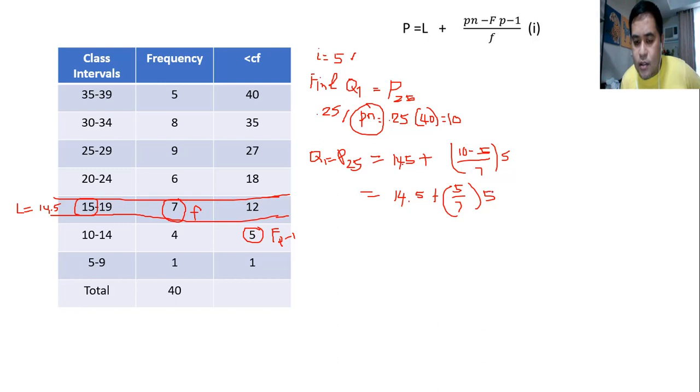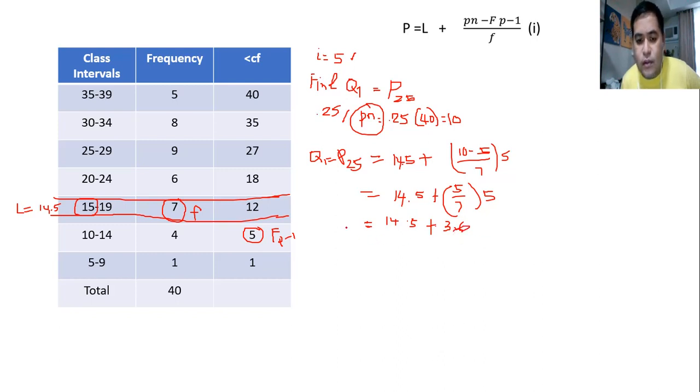So, 5 times 5 divided by 7, 25 divided by 7, that is equal to 14.5 plus, simplifying this, 5 divided by 7 times 5, that is equivalent to 3.6.